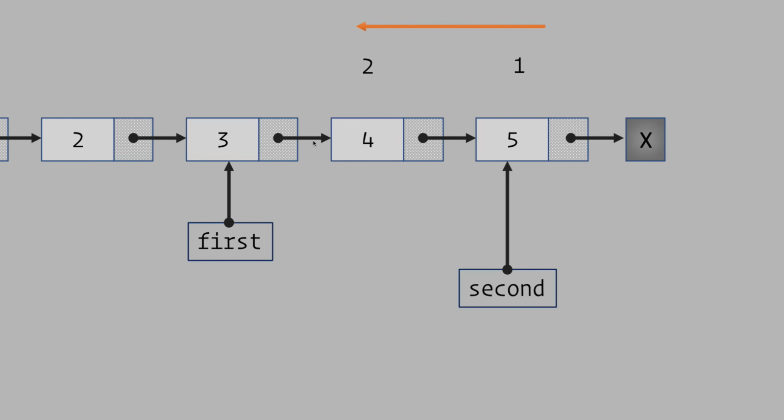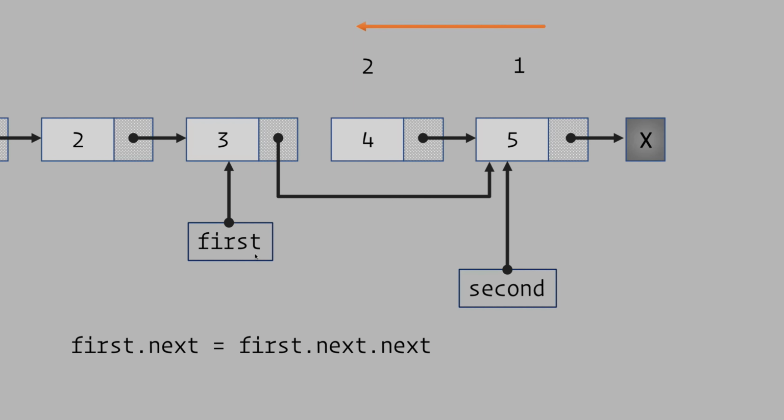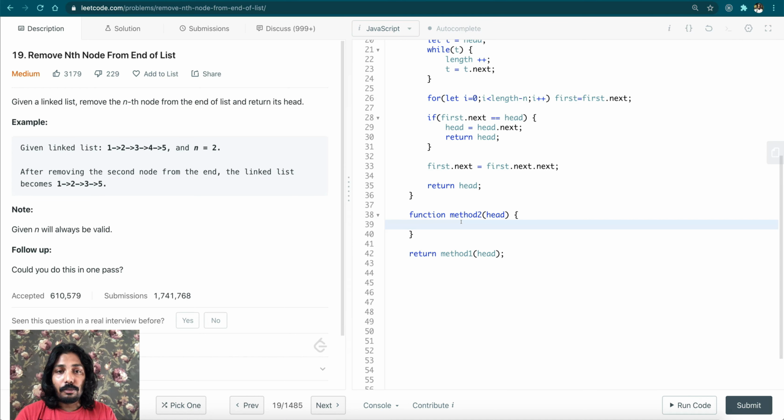Once we locate this node which is previous to the deleting node, it's very easy to disconnect the node and point to the next node of the deleting node. Let's see how we code this. I'll write the same base case here: if head equals null or head.next equals null and n is 1, return null.